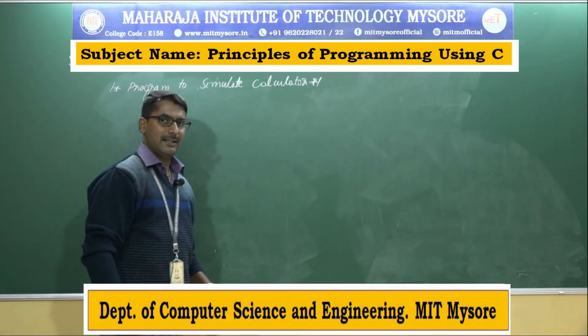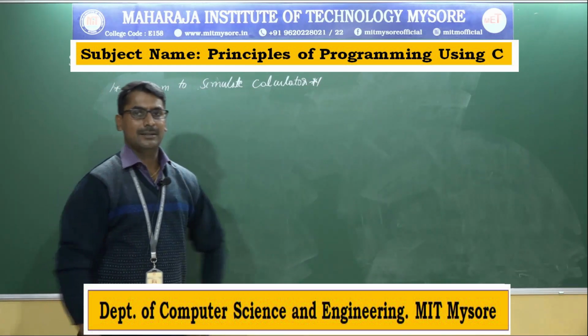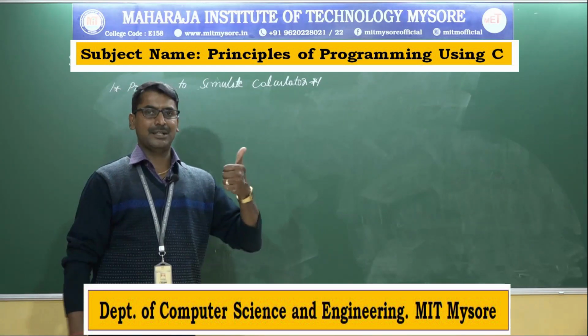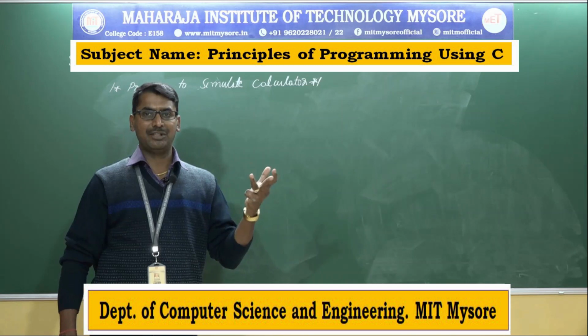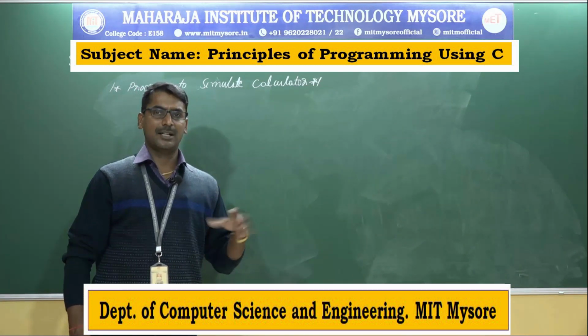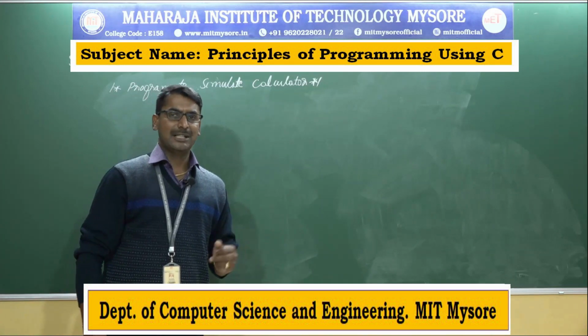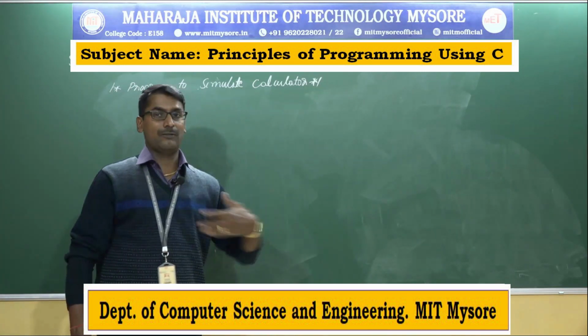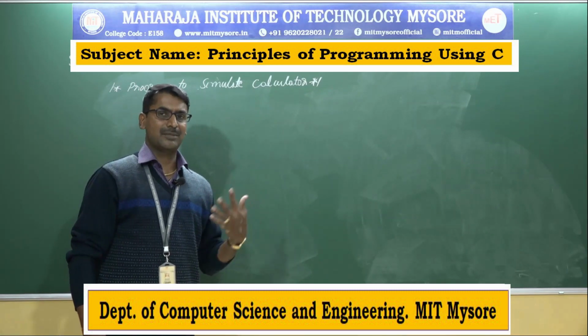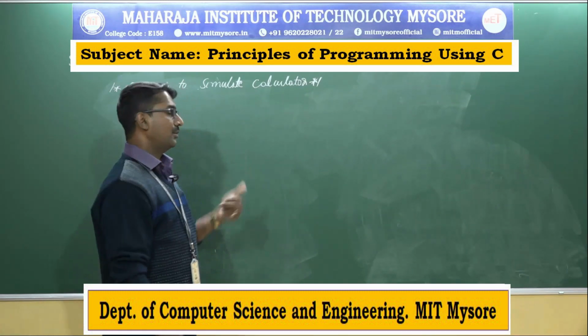In a general calculator, we have 5 different operations: addition, subtraction, multiplication, division and modulus. These options are available in a commercial calculator, so we need to perform these operations using the switch statement.